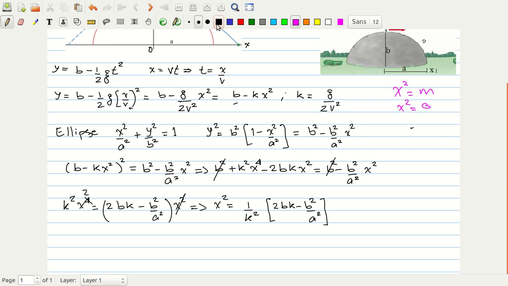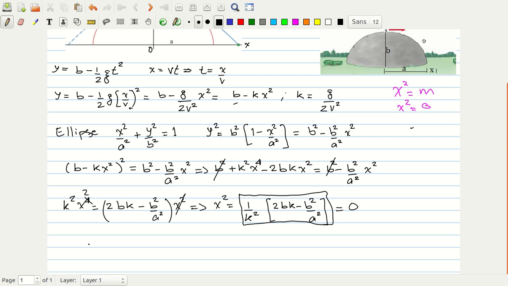So I know that this has to intersect at only one point, and that one point has to be given by x is equal to 0. So I know that this entire thing that I put in a box should be 0. If this entire thing is equal to 0, I know that it can be 0 only if 2bk minus b square by a square is equal to 0.